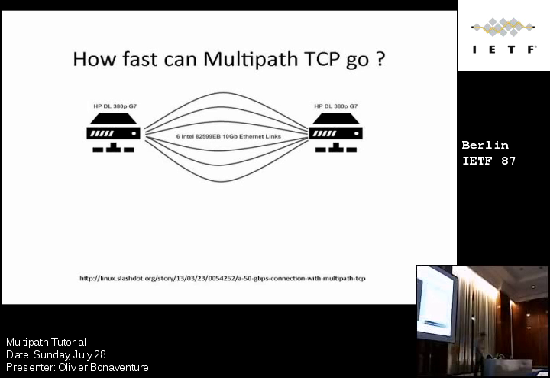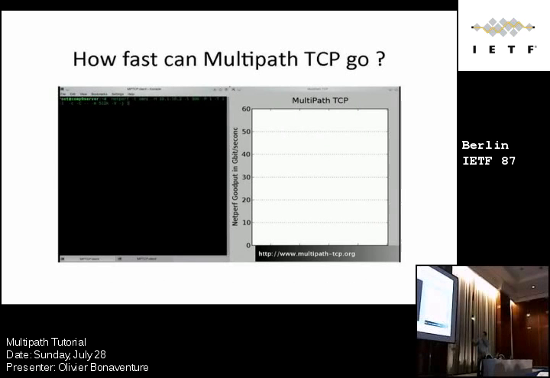We used Multipath TCP between the 2 servers, and we used iPerf to measure the bandwidth at the application level. You will see on the x-axis the time, and on the y-axis the throughput, which is measured by netperf on the server.